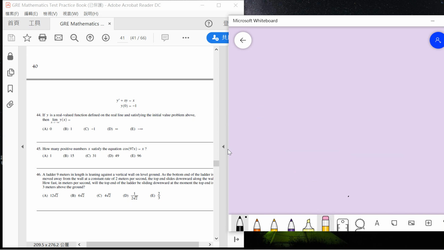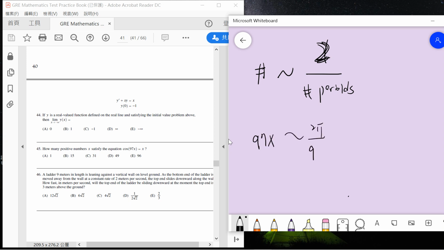So the intersection points should be close to 1 divided by how many periods, times 2. So basically, for cosine 97x, the period is 2 pi over 97. So the answer is 2 pi over 97.